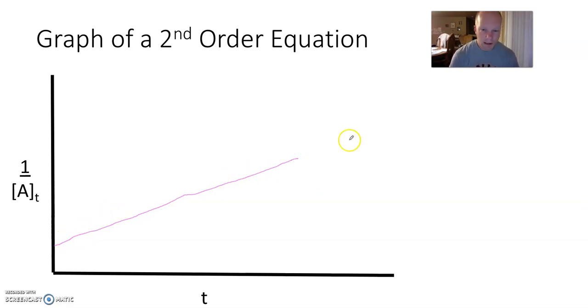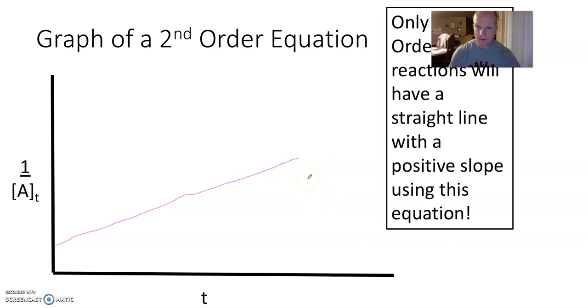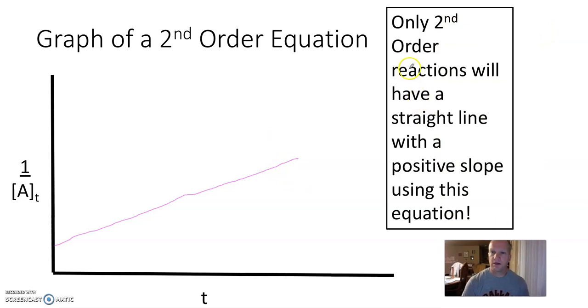Here we have a positive slope, as opposed to the first order reaction, where we had the log of the concentration of A and a negative slope. Only second order reactions will have a straight line with a positive slope using this equation. If it's not a second order reaction and we graph this, we get some kind of funky curved line.